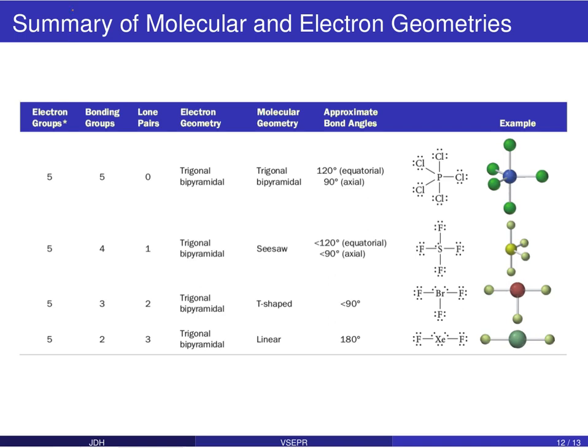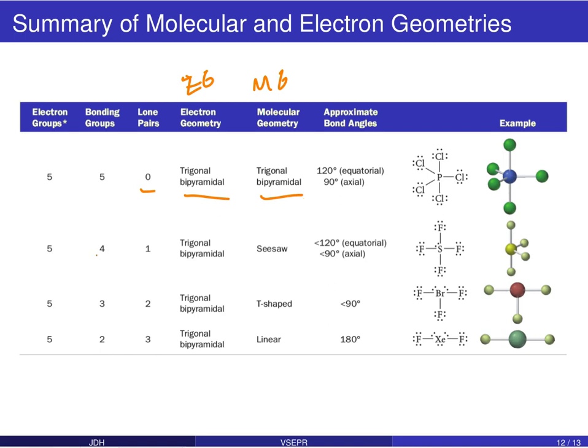So here's our summary. Just as we saw for our first set of geometries, I'm breaking it down by number of electron groups on the left-hand side, and the number of bonding and lone pairs with the corresponding electron and molecular geometries. If there are no lone pairs, we're left with trigonal bipyramidal for both; we already saw PCl5 as our example.